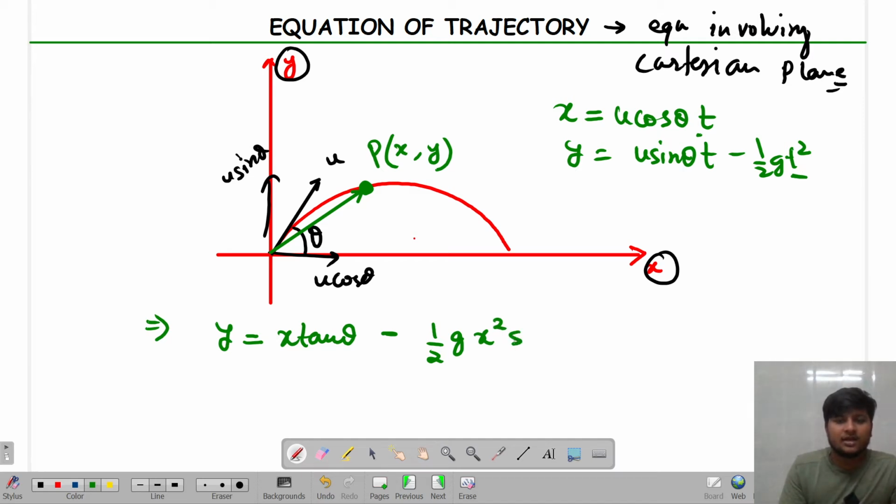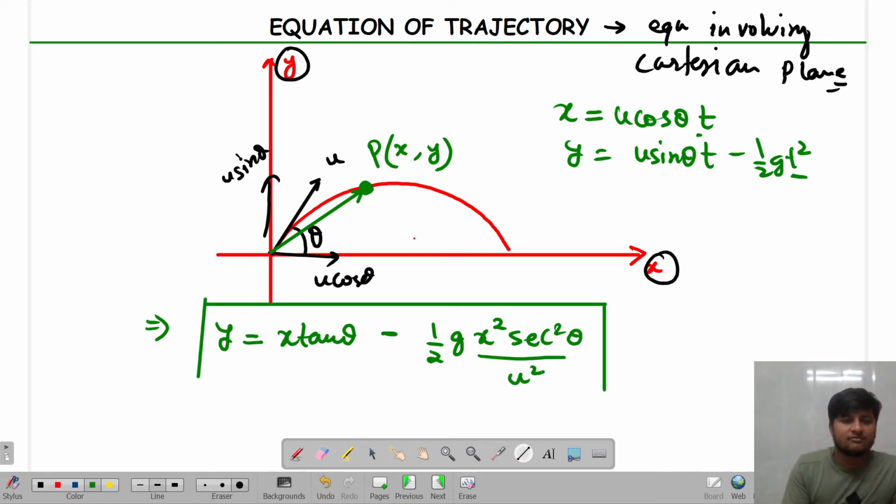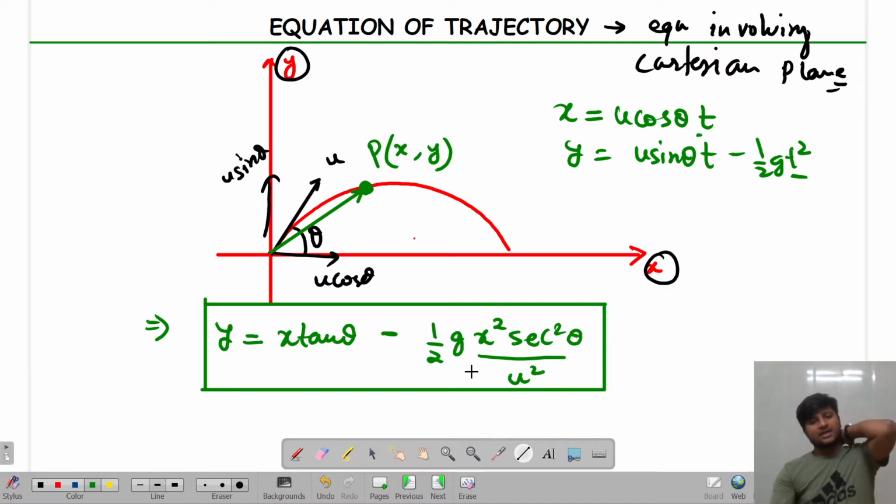So I'm writing one by cos square theta as sec square theta, divided by u square. So the whole relation of the trajectory equation for the projectile is nothing but this: y is equal to x tan theta minus half g x square sec square theta by u square.